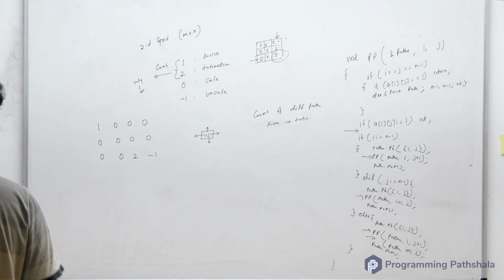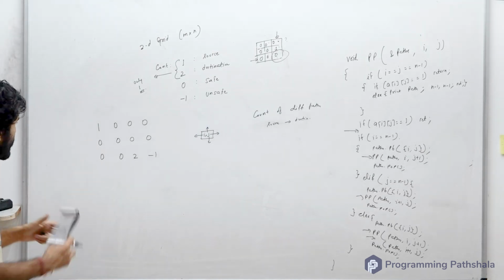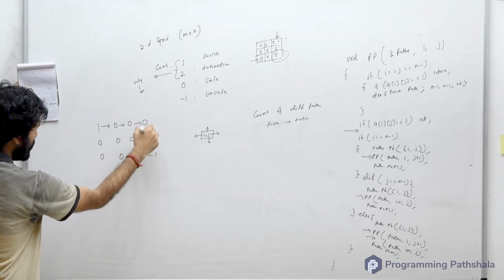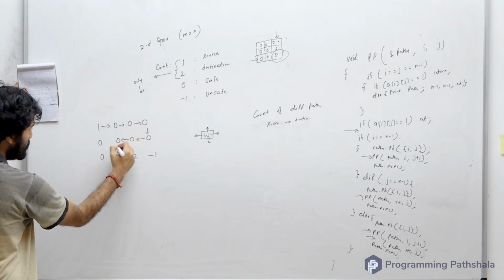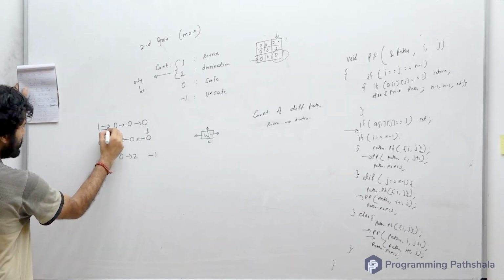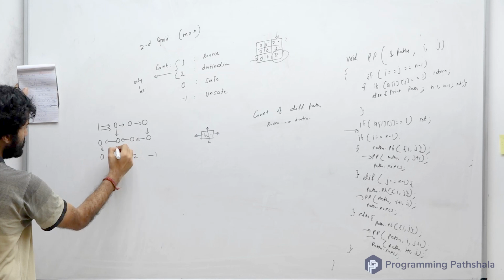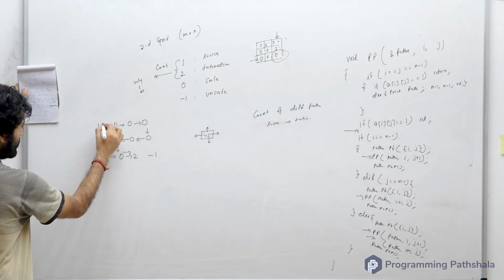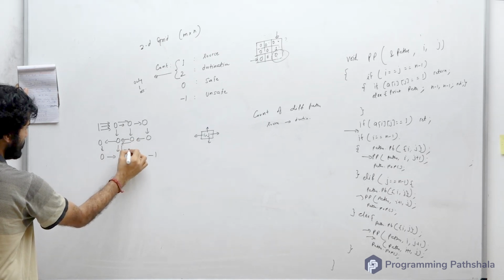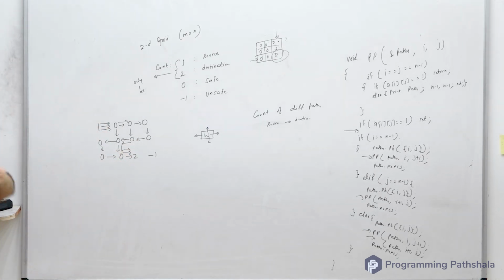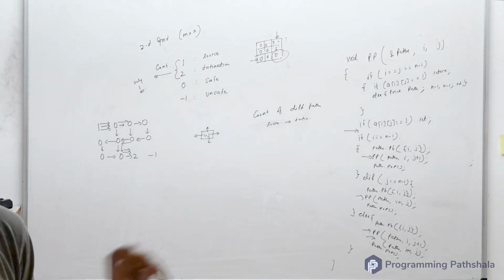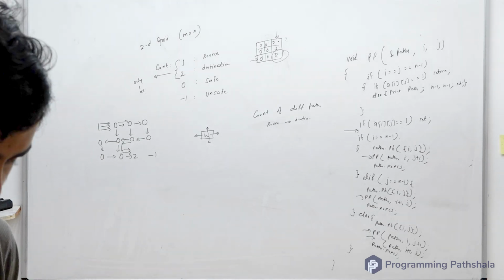One possible path could be right, right, right, bottom, and then I can move left also. This is one such path. Another path could be right, bottom, bottom, right, and again right, right, bottom, left. So there can be different paths that can help you reach from source to destination, and you are simply supposed to tell the count of it.